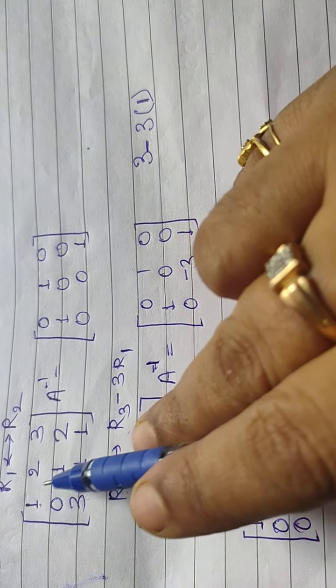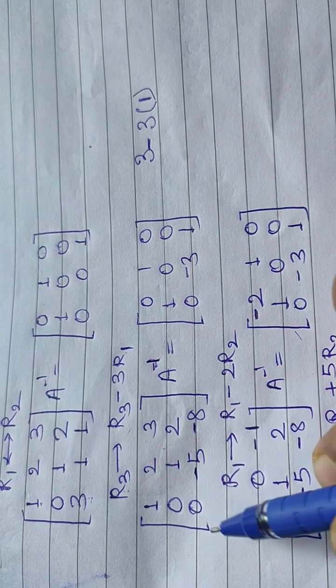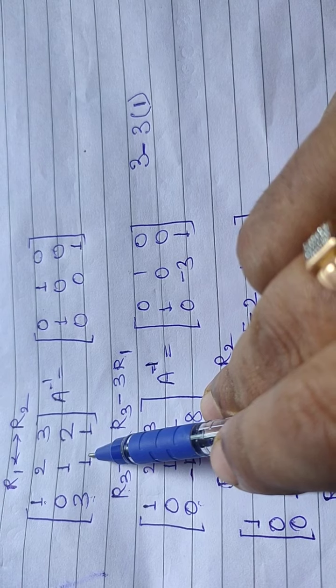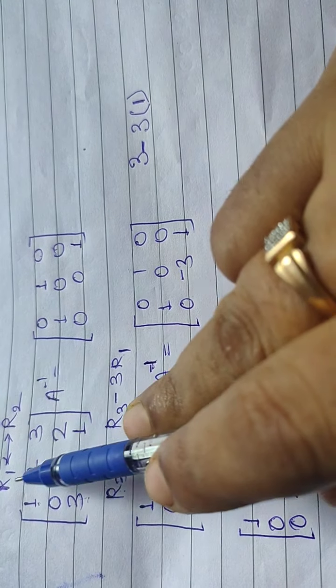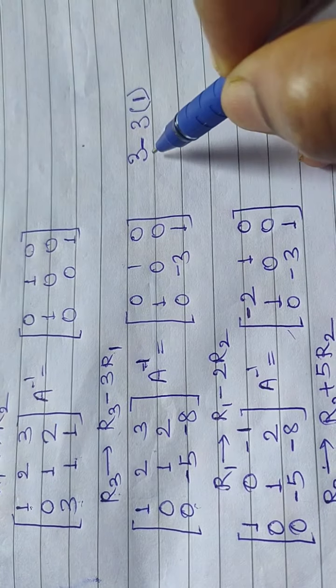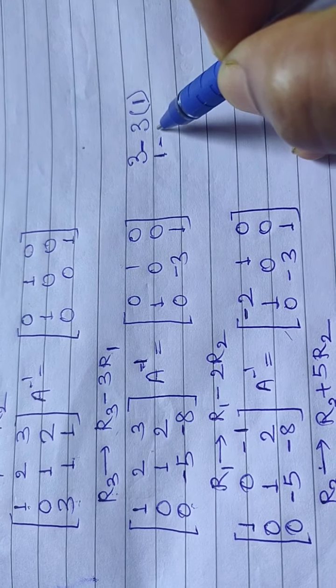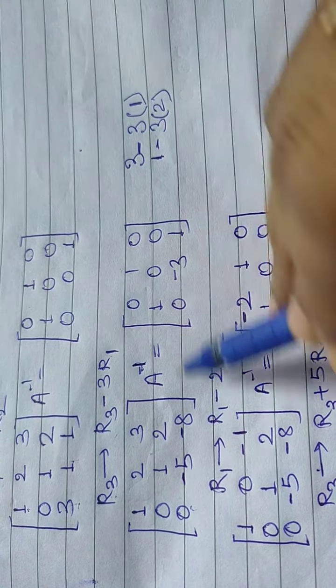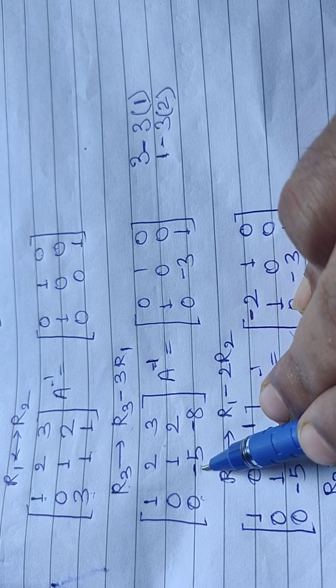So this element will become 0. Now the second element will be 1 minus 3 into 2, that means this is minus 5.